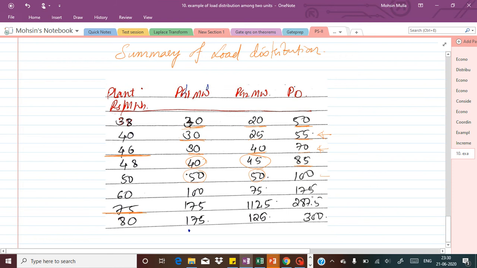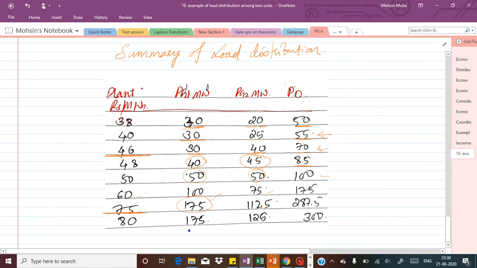Next is 175, in which case again lambda is calculated. Then up to a maximum of 287.5 we can do this calculation, and by that time the first generator will reach its capacity of 175, and the second generator will also reach its economical operation of 112.5.